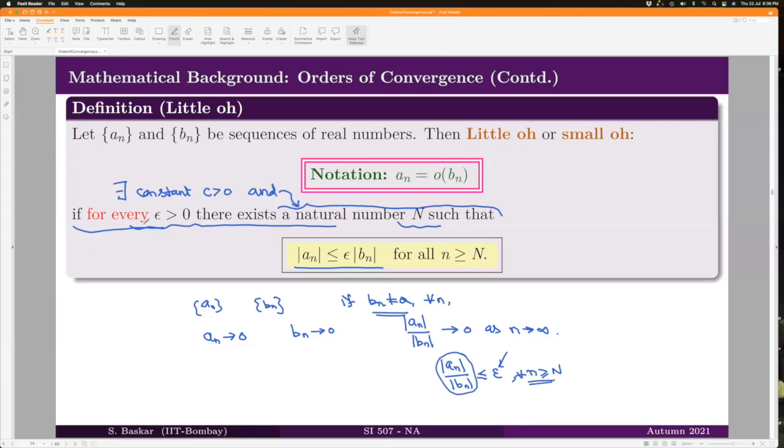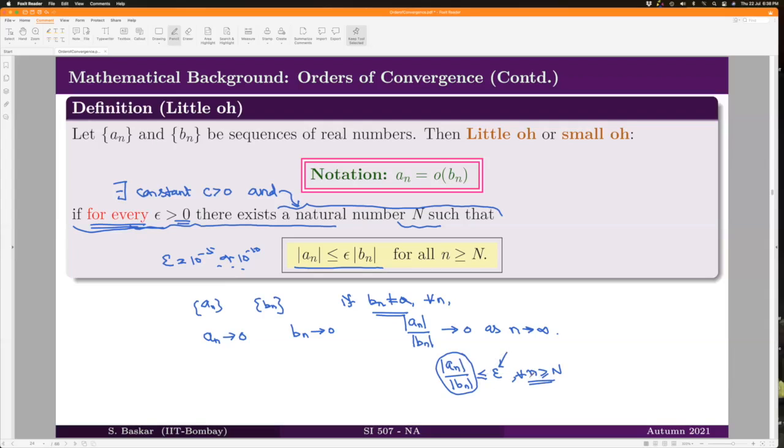You see, for every epsilon greater than 0. So you may give me epsilon equal to 10 to the power of -5, or -10, or anything. Whatever may be the epsilon you give, I should be able to pack this number within that small bag epsilon, right?